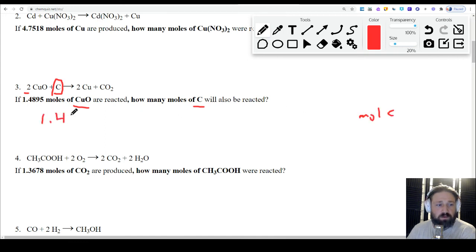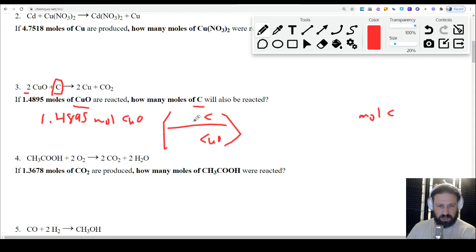We have 1.4895 moles of copper oxide. What is our thing going to be? We need to drop the copper oxide, pick up the carbon, and it is a 1-to-2. 1 carbon for every 2 copper oxides. So then we just need to divide this by 2.